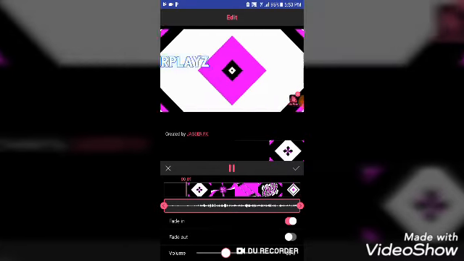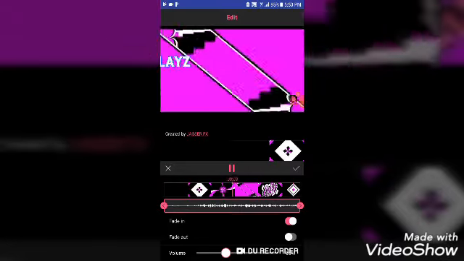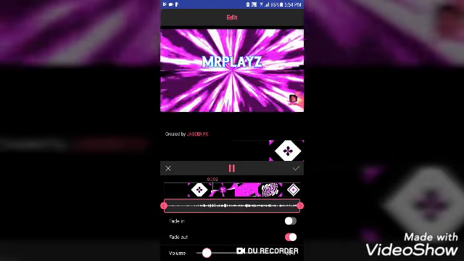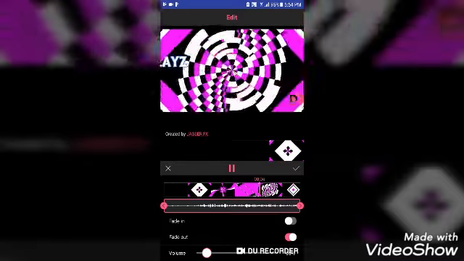I don't know what this is. You can also fade out. I don't know what that is too. And you can also turn the volume high or low, but for me I make it like 50 or 40 because it's really loud.